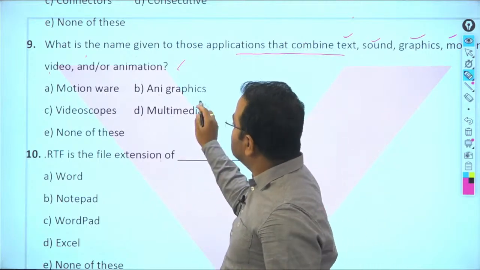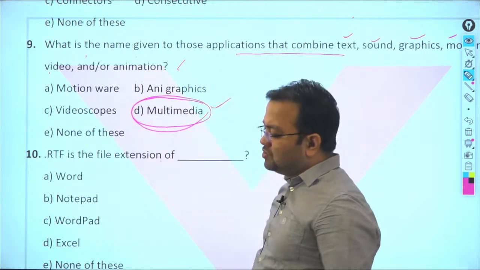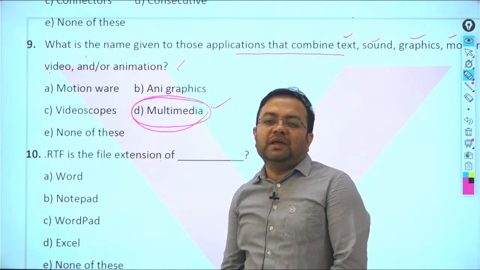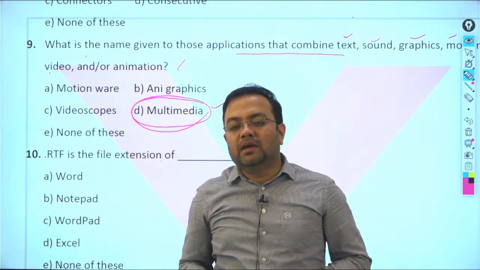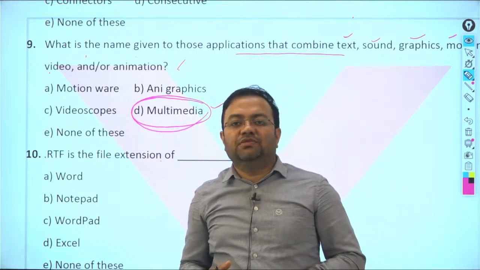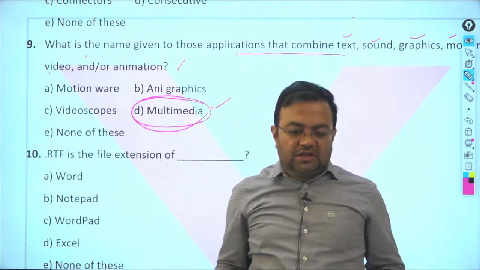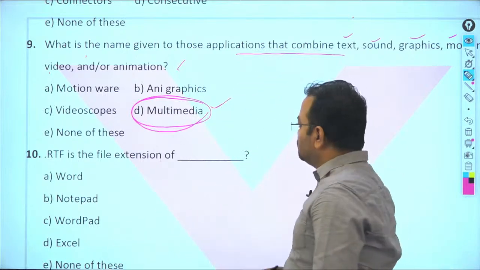So here the answer is D, multimedia application. Multimedia application combines all the things like text, sound, audio, video, animation, graphics. By integration of all these things, we can say this is multimedia. Then goes to question number 10.